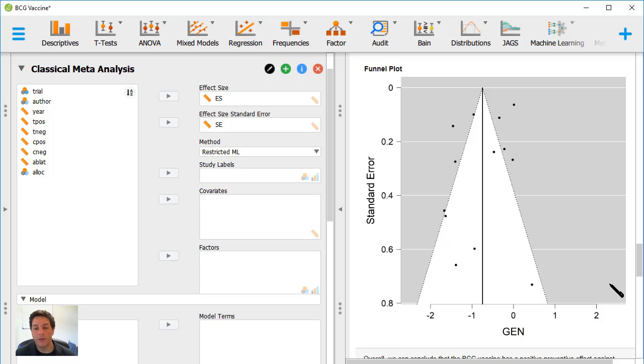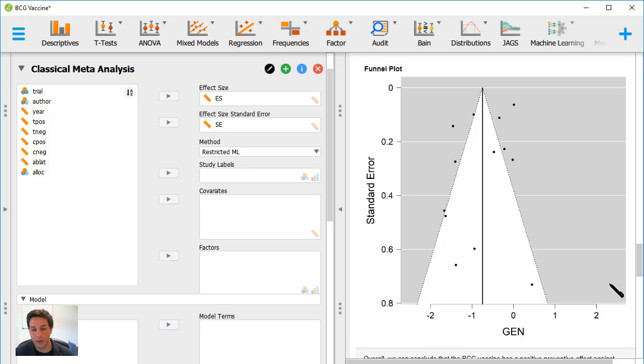Publication bias is that only studies that show a significant effect are published, and those that don't show a significant effect tend not to be published. And statisticians came up with an idea of measuring that possibility with the studies that we have.